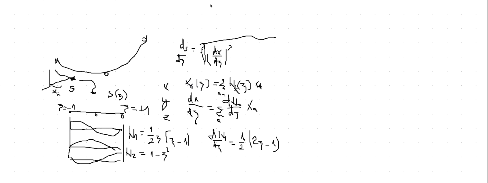So then you take the same thing for the dy/dxi, only changing the coordinate x with the coordinate y. And you take the derivative squared. And then finally you have this one, dz/dxi, and you take this squared.